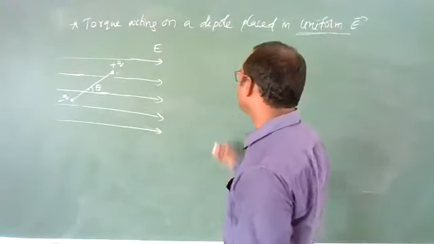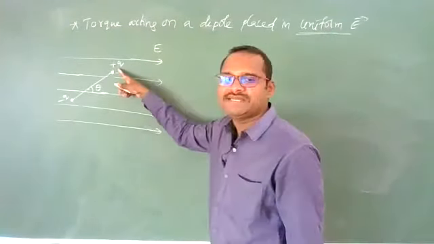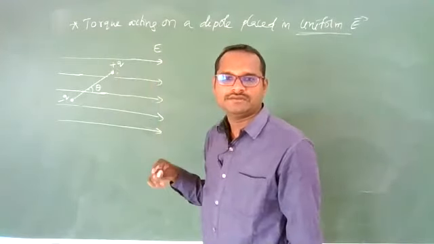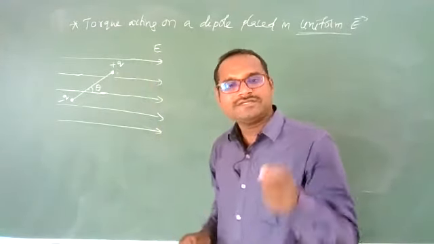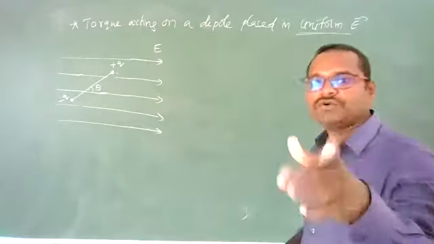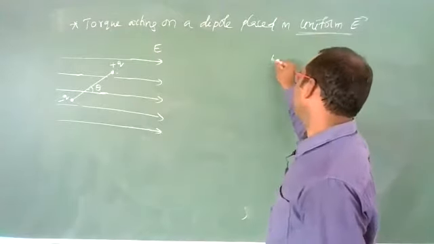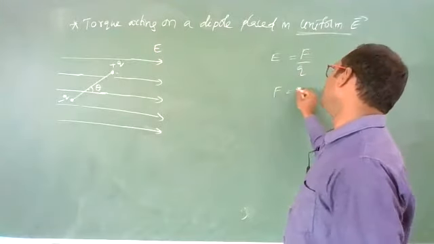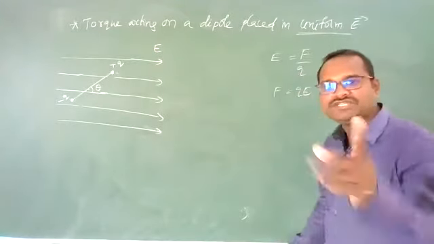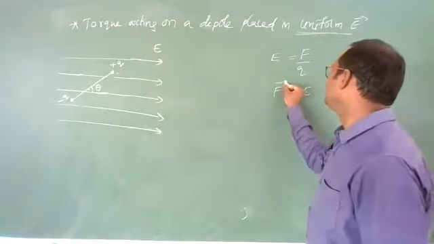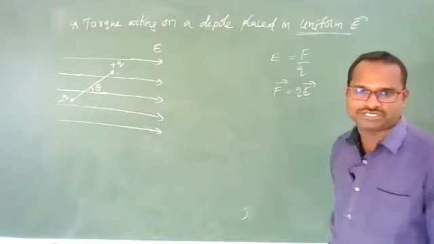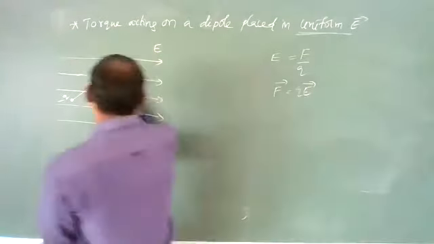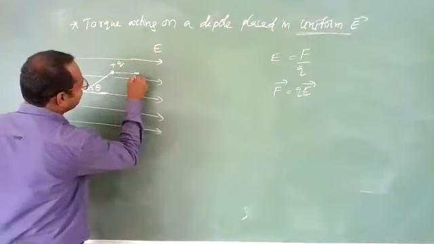See, as you know, when a charge Q is placed in an electric field, a force will act on the charge Q. As you know, E is equal to F by Q, then F is equal to QE. In which direction will this force act? In the direction of the electric field for a positive charge. So on this plus Q charge, a force QE will act in this direction.